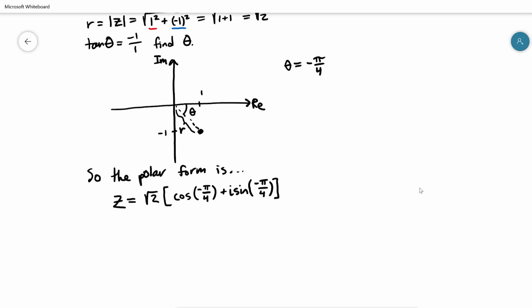And you can always check by actually evaluating what these values are, right? The cosine of -pi/4 is going to be √2/2. This will also be negative √2/2, so positive √2/2, negative √2/2. Distribute this √2 through, and you will wind up getting back the original form, which was 1 minus i. So I'm not going to do that right now.